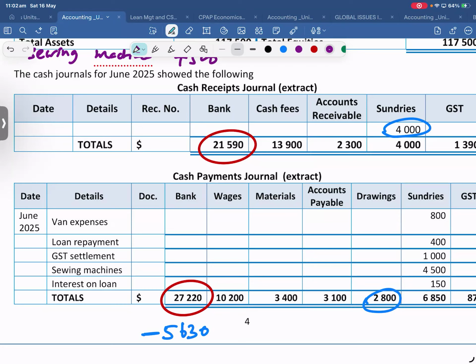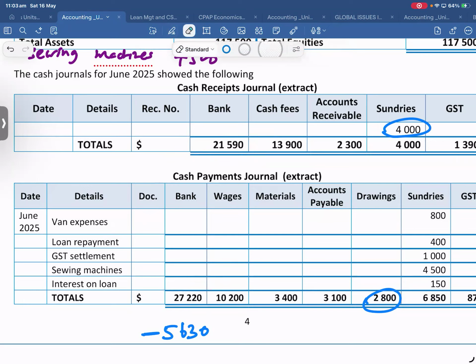Accounts receivable. How much is the receipts from accounts receivable? Yes, this one, 2,300.